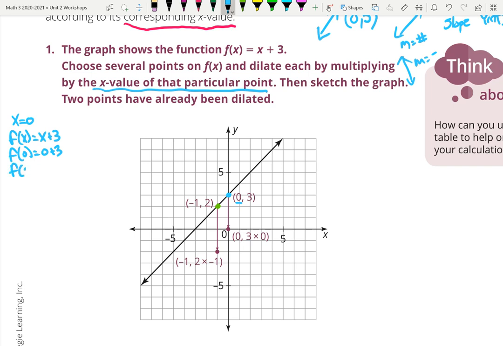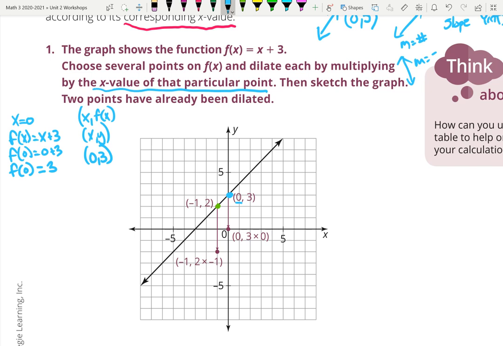And it's going to say the input 0 results in the output 3. Hence why the point (x, f of x), a fancy way of saying (x, y), is going to be (0, 3). This is why this point is where it's at. It's why it's the y-intercept algebraically.